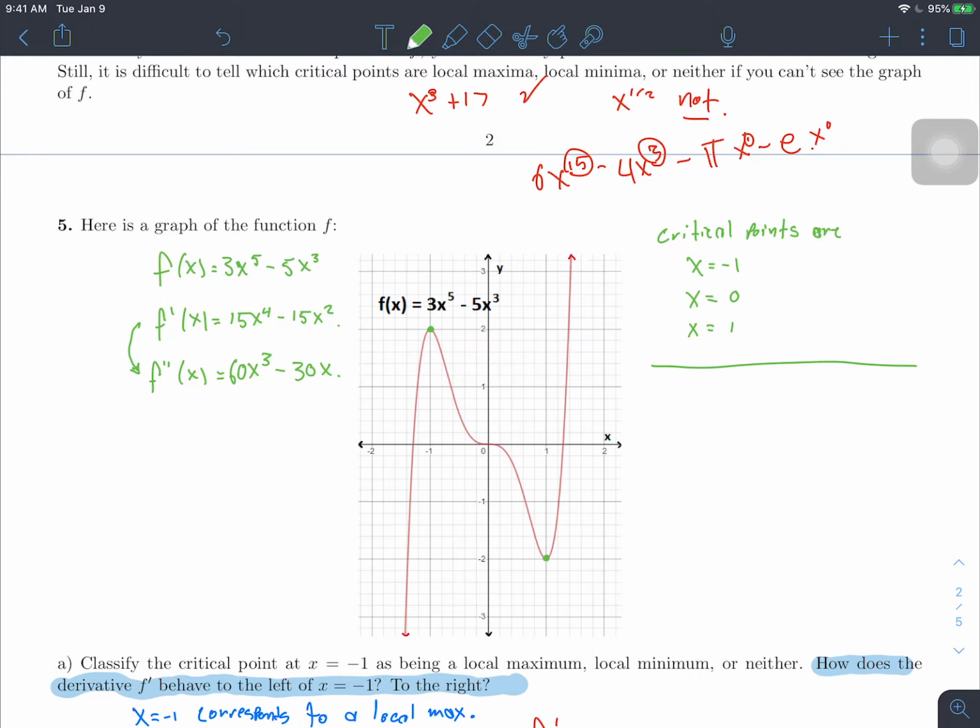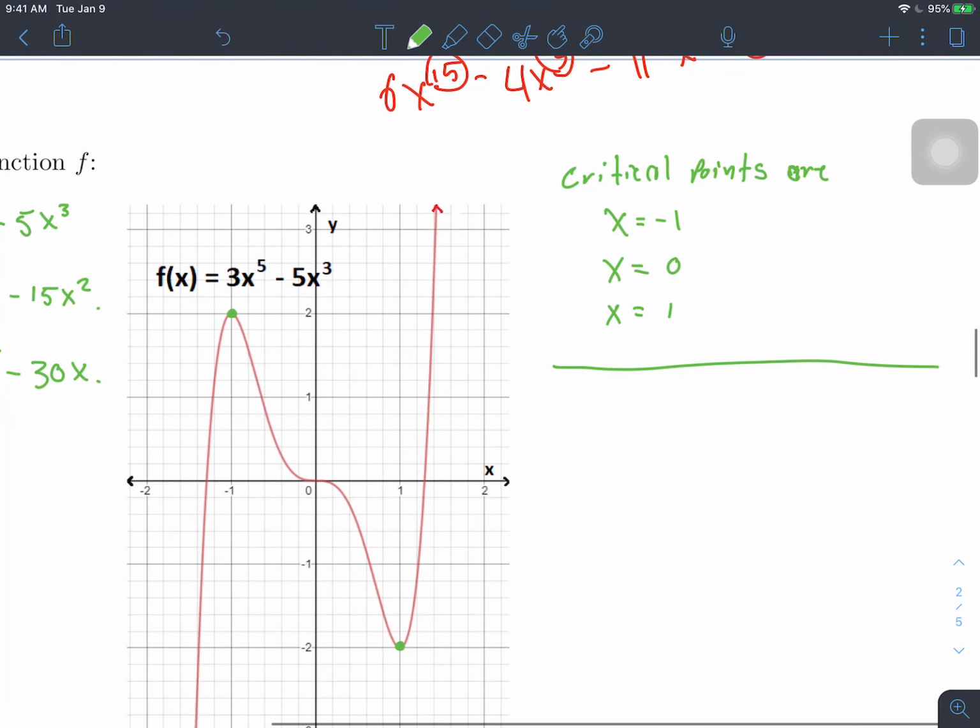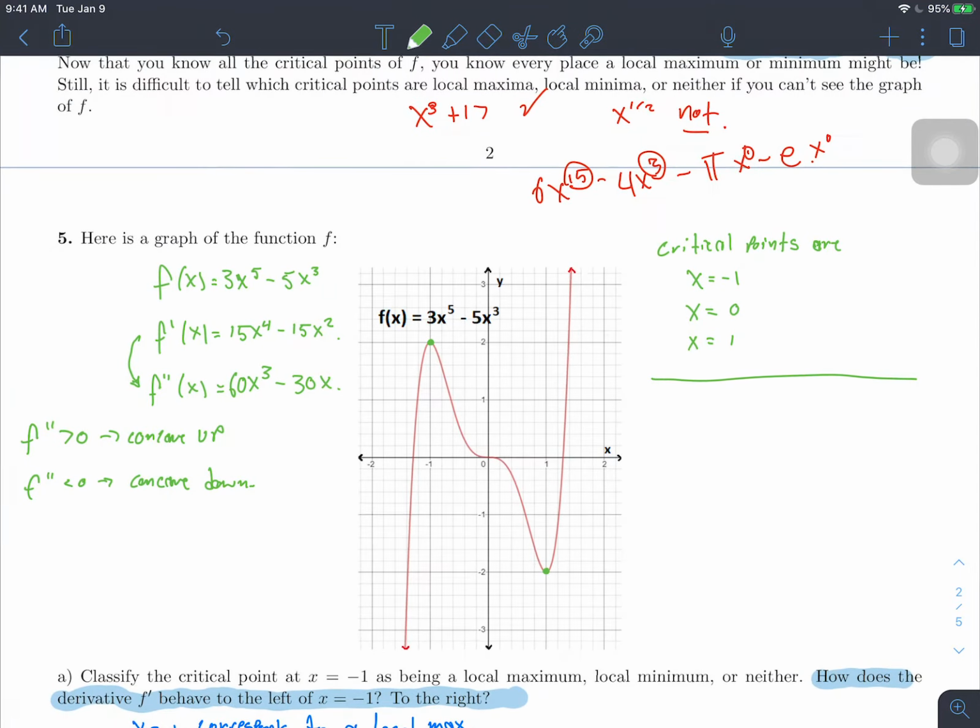Second derivative is negative, we'll be concave down. So let me write that. f double prime greater than 0 means concave up. f double prime less than 0 means concave down. Okay, so we can figure out whether x equals -1, x equals 0, and x equals 1 are maxes, mins, or neither just by looking at this second derivative.